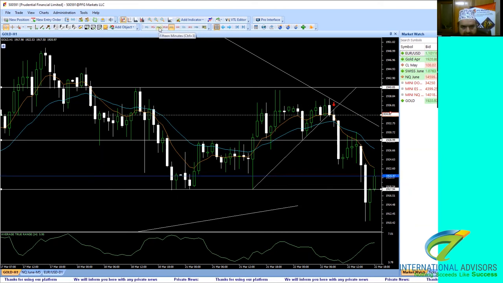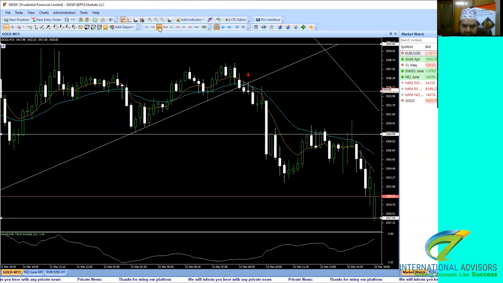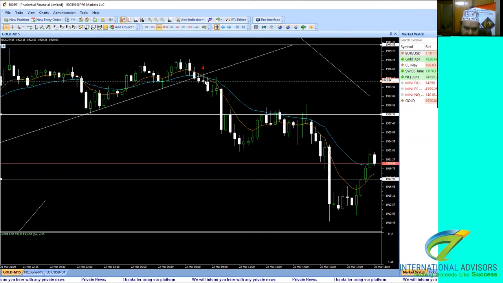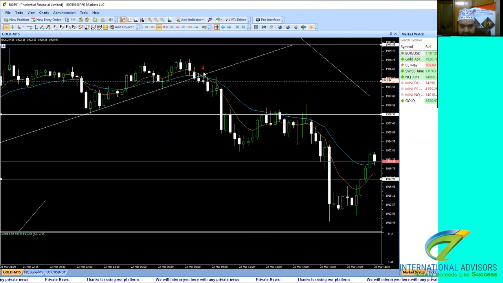As I told you, we always generally go 2 steps down. So I go to 15 minutes. Now this is the 15 minutes chart, and in 15 minutes, this red signal I placed shows the selling signal; we sold in this candle.